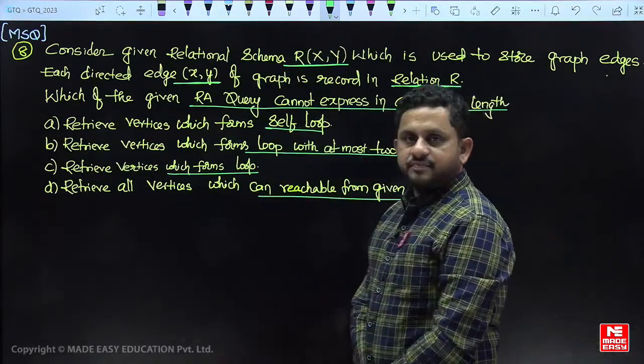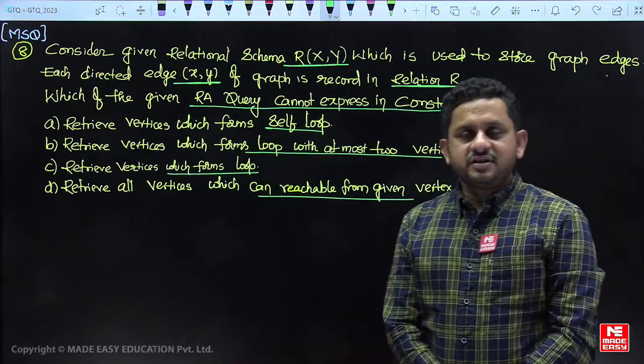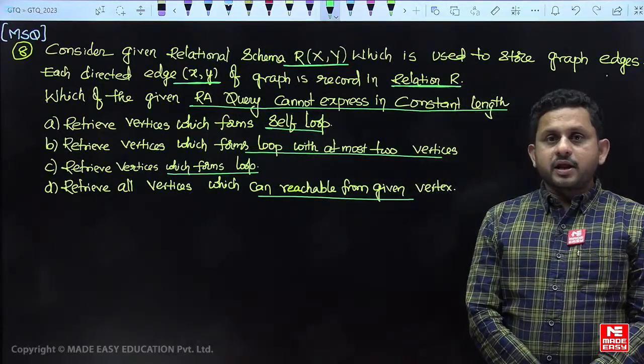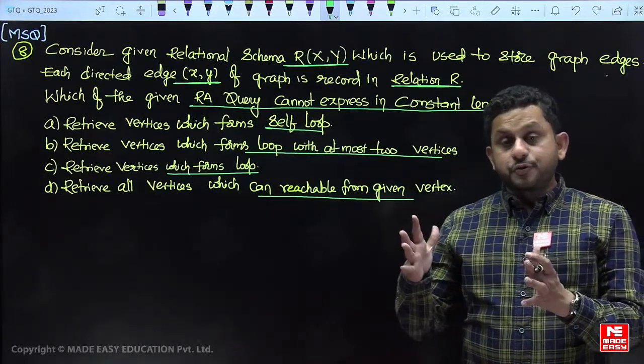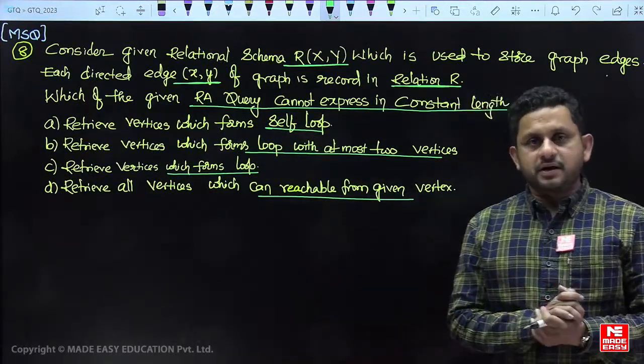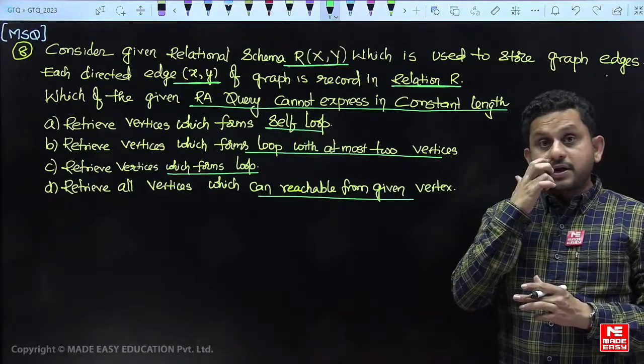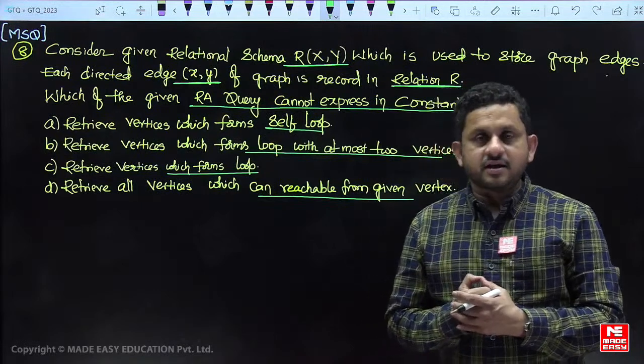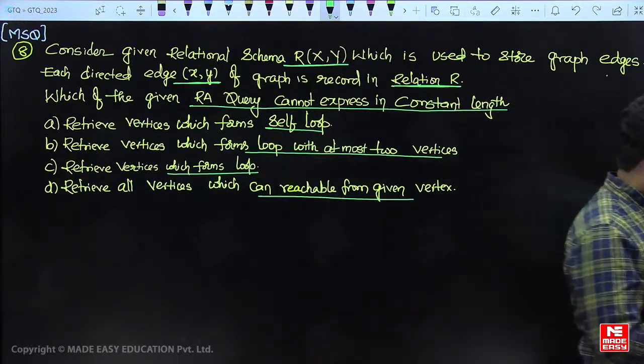It's an MSQ question. So it is one important model. Indirectly, what kind of queries fail to be expressed in relational algebra? This is an important logic repeatedly asked in many competitive exams. So think and answer.